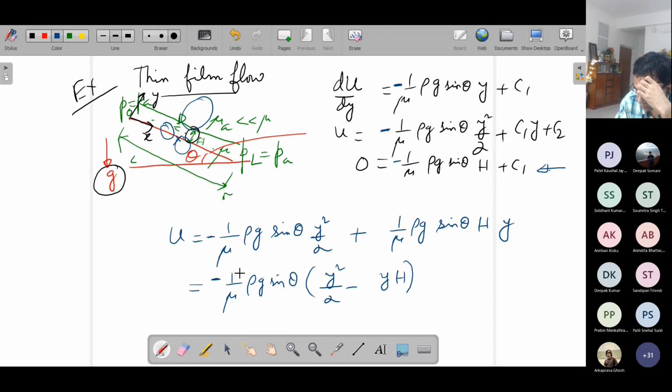So we can see that this clearly satisfies the boundary condition. The velocity is always positive because this is smaller than this, so this part is negative and that negative into this is positive. So this is a simple thin film flow which can be altered in many ways, and more complex situations on thin film flows you will encounter if you do a very complex analysis where the interface can be arbitrarily undulated.